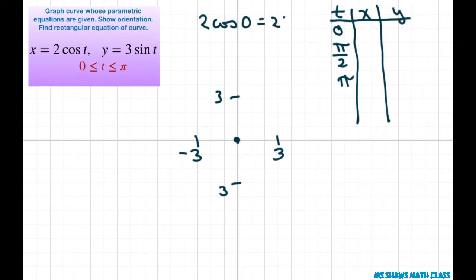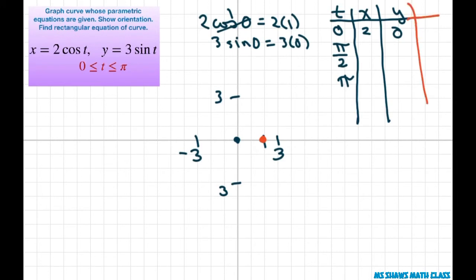That's going to be 2 times 1, because cosine of 0 equals 1. So we get 2. And we have 3 sine of 0, that's just going to be 3 times 0. So that's 0. So we have 2 comma 0, which is right here, this point here. So this would be your x comma y, which is 2 comma 0.